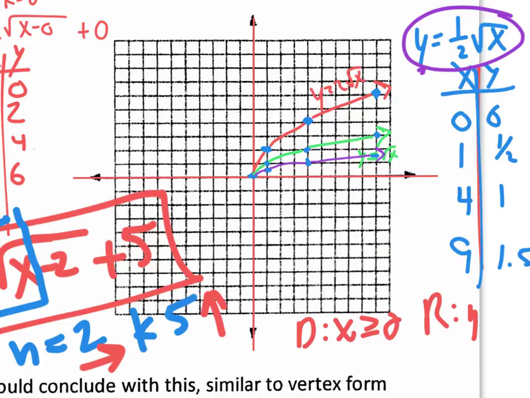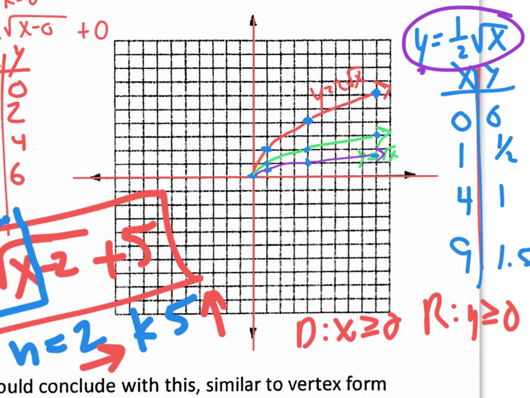Range, y is greater than or equal to 0. Why? Because in terms of x, left and right, they all start at 0 and go to the right, greater than or equal to 0. The range, in terms of up and down, they all start at 0 and they go up. Doesn't matter if it's a compressed one or a stretched one, they still go up. y is greater than or equal to 0.